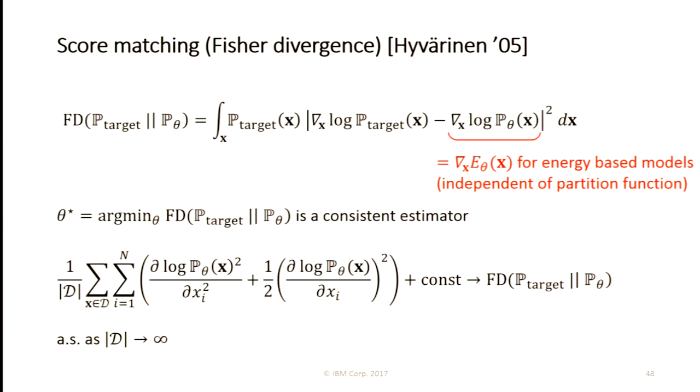And it can be shown that score matching is a consistent estimator. So if you choose a theta that minimizes this score matching, this is a consistent estimator, and this quantity converges to score matching as we take more and more samples. It converges to this quantity almost surely.